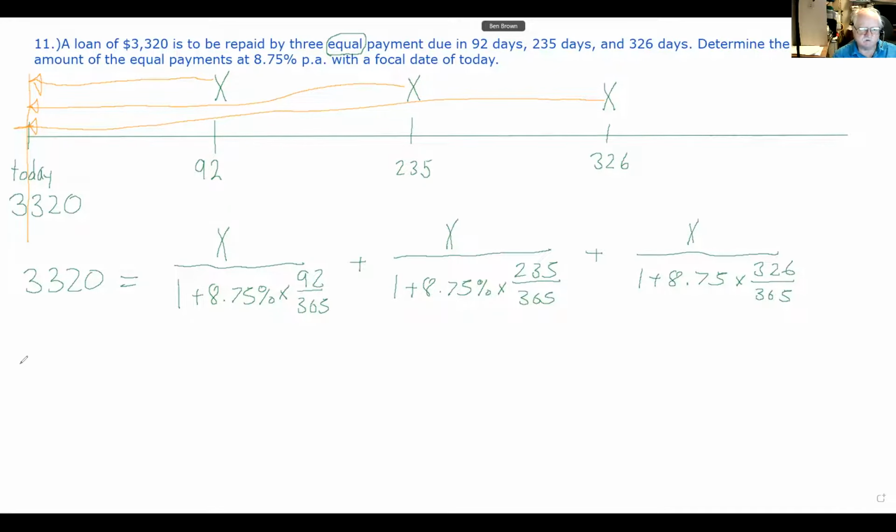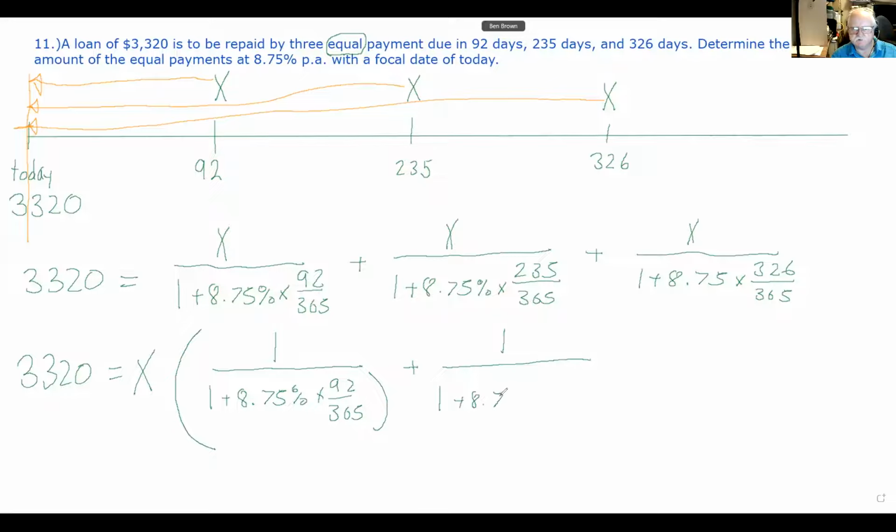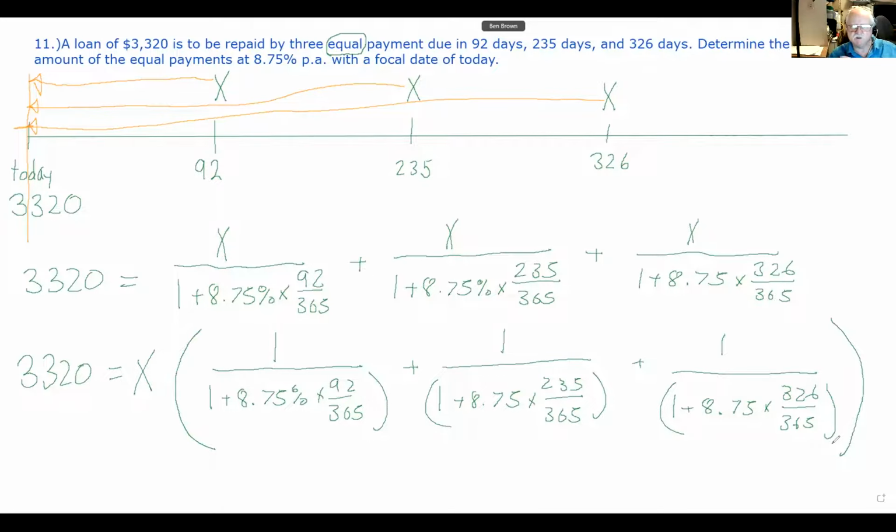So this thing actually becomes 3320 equals x outside of, and we're going to replace the x with 1 over 1 plus 8.75% times 92 over 365 plus 1 over 1 plus 8.75 times 235 over 365 plus 1 over 1 plus 8.75 times 326 over 365. So you get this ridiculous equation here.